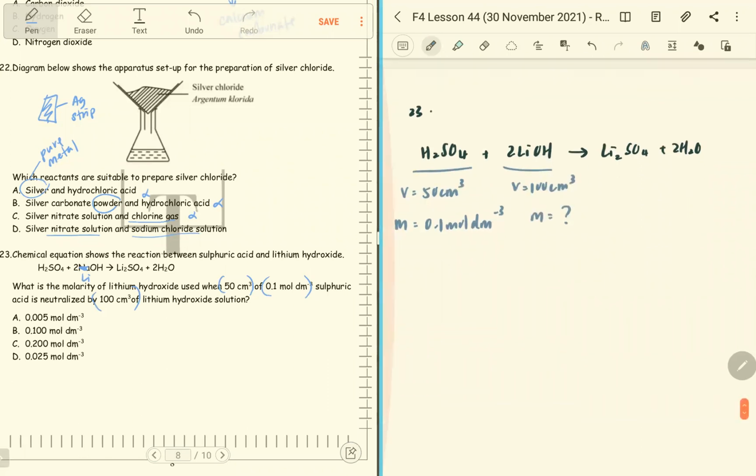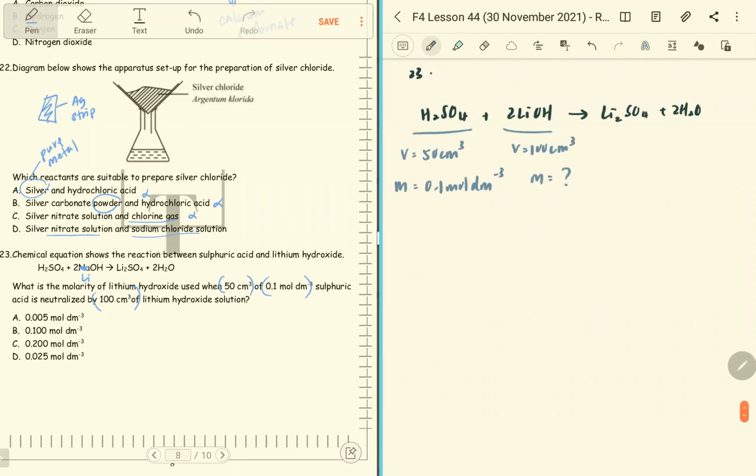So when it comes to neutralization, you can just simply use the equation, very easy. MAVA over MBVB equals A over B. So MA is the molarity of acid, VA is volume of acid. So you have 0.1 times 50. B refers to base, which is your alkali. So we don't have MB, this is the one that we want to find, but we have VB.